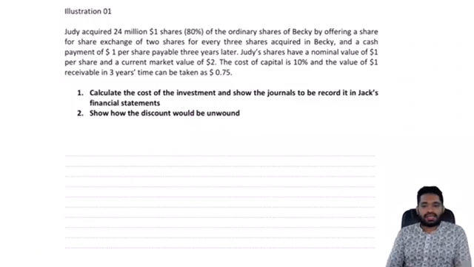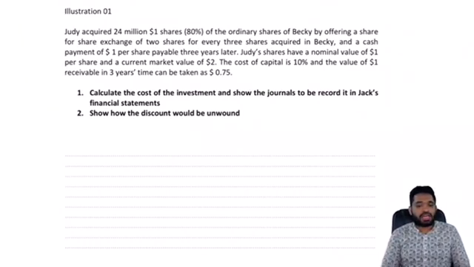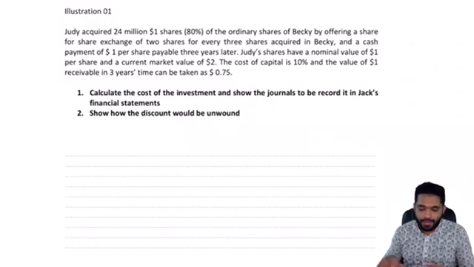Judy's shares have a nominal value of $1 per share and a current market value of $2. The cost of capital is 10%, and the value of $1 receivable in 3 years' time can be taken as $0.75, right? So you are required to calculate the cost of the investment and show the journals to be recorded in Judy's financial statements and show how the discount would be unwound, right?